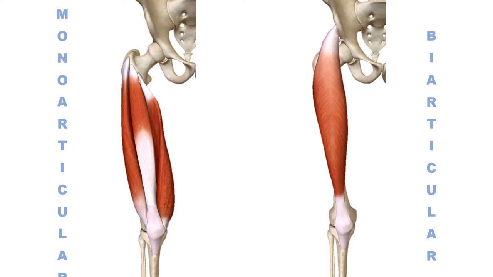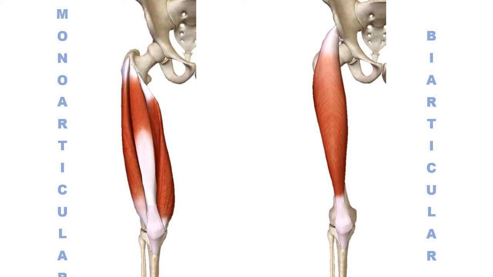However, the rectus femoris here on the right hand side of the screen, which is also a quadriceps muscle, as we said, spans over not only the tibiofemoral joint, but also the hip joint, the acetabulofemoral joint, and is thus known as a biarticular muscle.